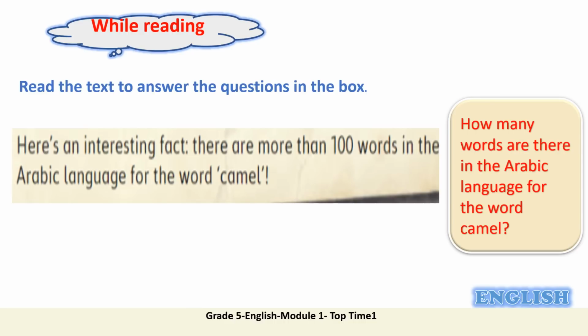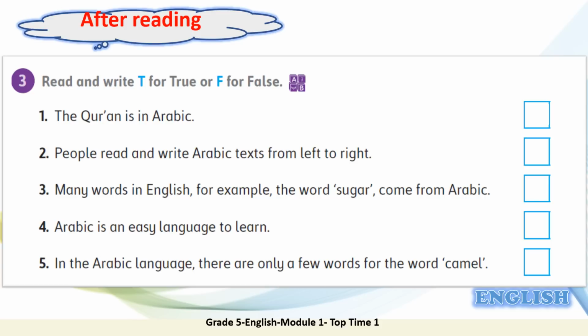Let's check the answer for the question. We came to the last stage of our lesson today. Now we have to check that we have read enough information and details about the Arabic language, which can enable us to read the sentences and write T for true and F for false.